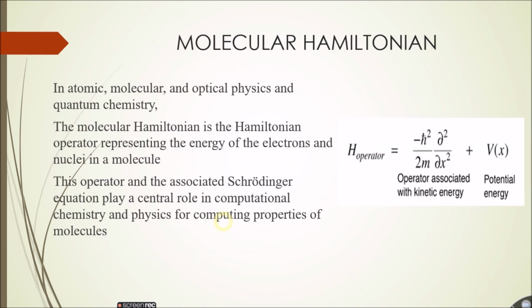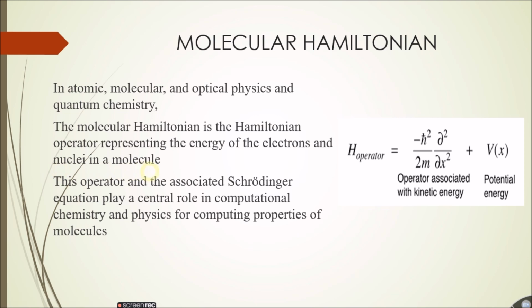Now let's go into the details about the molecular Hamiltonian. So now we are getting into the detail. What is the molecular Hamiltonian? In quantum physics or chemistry, the molecular Hamiltonian is the Hamiltonian operator representing the energy of electrons and nuclei in the molecule, right?